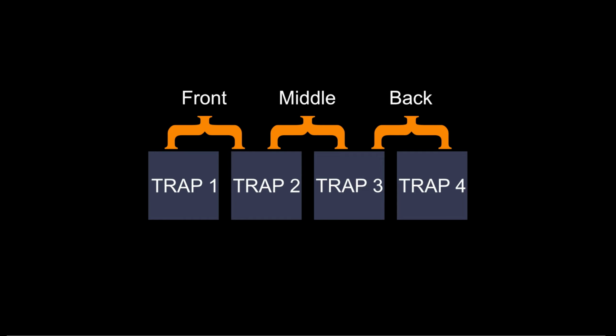For example, in a 60-40 split, the front 50 would pay the top 2 scores out of 50 from traps 1 and 2. The middle would pay the top 2 scores from traps 2 and 3, and the back 50 would pay the top 2 scores from trap 3 and trap 4.